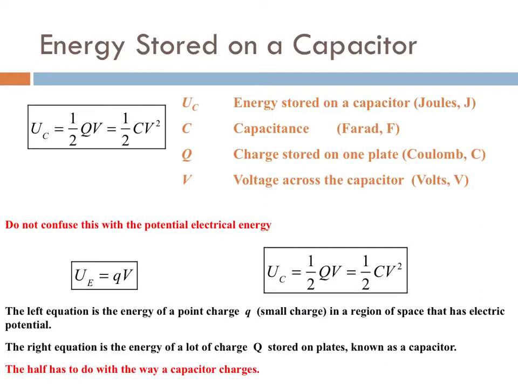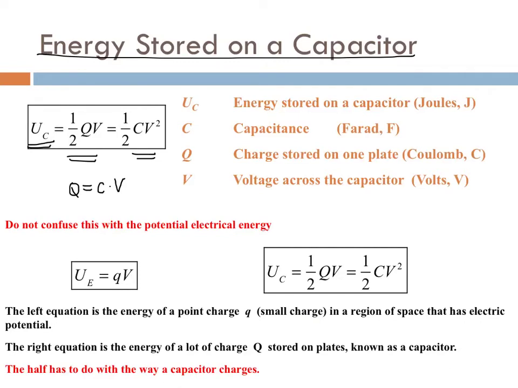So when we start talking about charges on capacitors, then we can start talking about the energy stored on a capacitor. To solve for the energy stored, we know that energy is represented by a U. So we have U is equal to 1/2 Q times V, which is also equal to 1/2 C times V squared. Again, these two variations just come from using the equation Q equals C times V. So you can either just memorize one and derive the other, or vice versa.